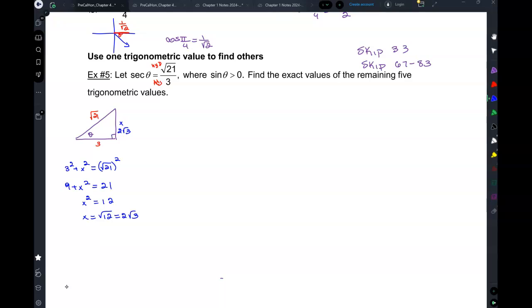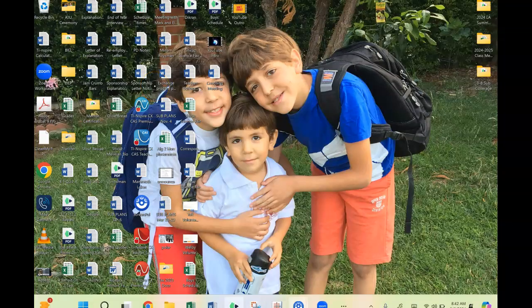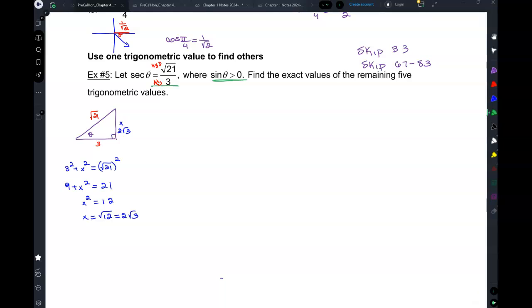Fabulous. Now, we're also given another piece of information here. We are told that sine is greater than 0. So sine is greater than 0 means sine is positive. So now what we do is we use that piece of information along with this one, to determine which quadrant our angle is going to lie in, right?